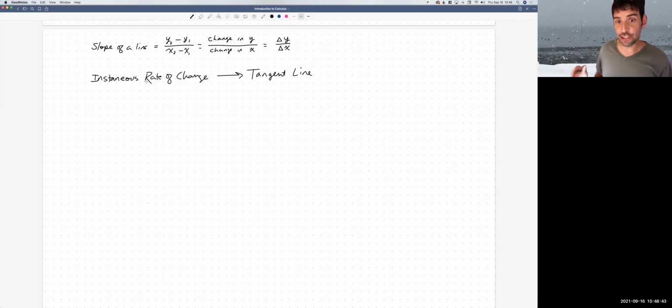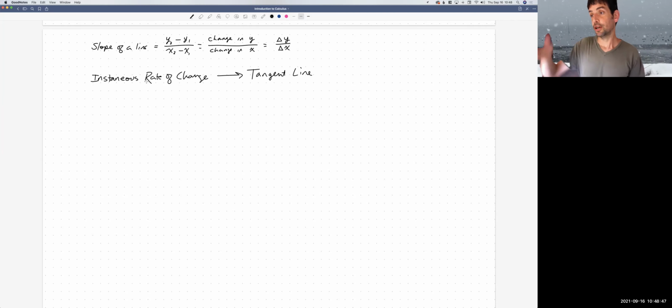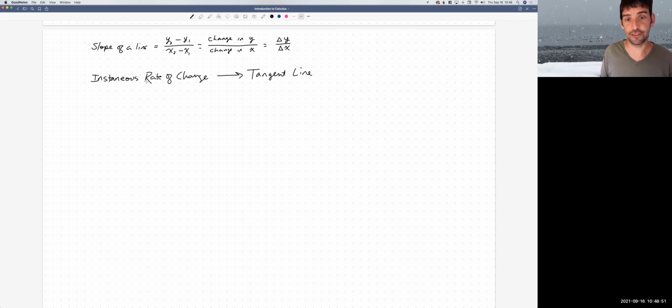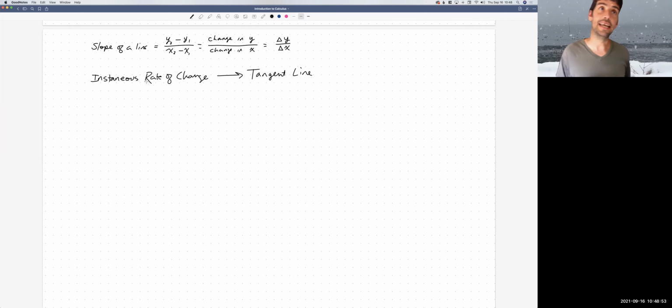So this tangent line is going to hit the graph right at the point where we're trying to find the instantaneous rate. It feels like we want to say the tangent line is the line that hits the graph at just 1 point, and if you've heard about tangent lines before, that might be how you've thought about it.